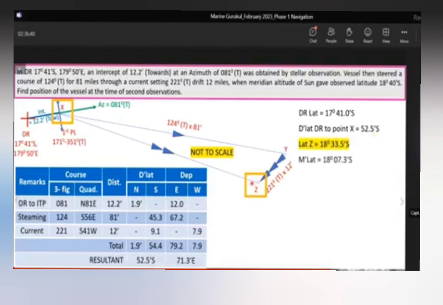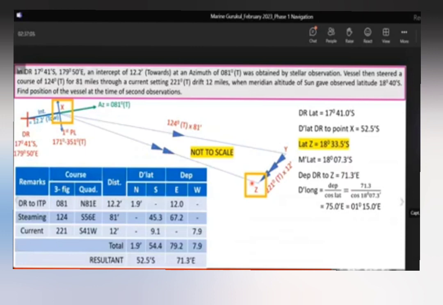We obtain the mean lat between DR lat and Z. We convert the departure into D long. And the D long comes to 1 degree 15 minutes east.